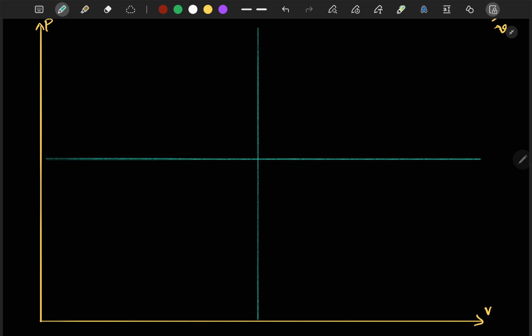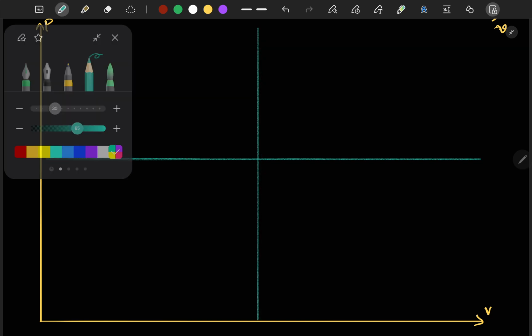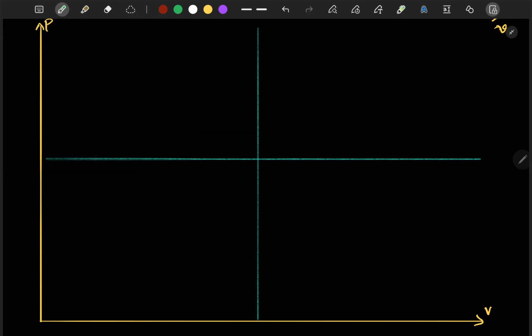I will represent all the processes only here. Let's take the green color. I will show you all the processes for expansion. Let me take a red color. So this is your constant pressure.